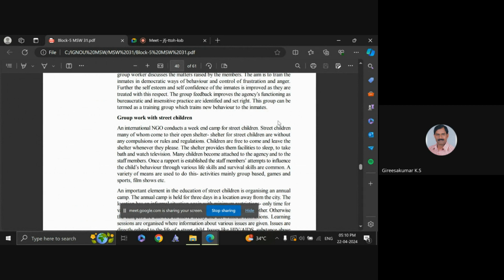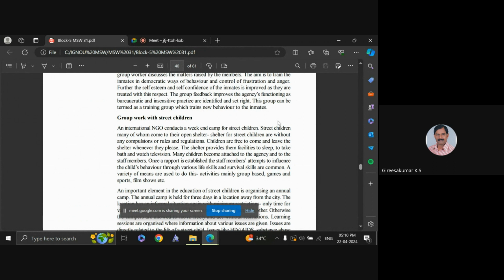Then street children are there. Group work means social group work, social work with the street children. So it is a pity in India that street children are there. The word street children should not be used, because they are innocent children.